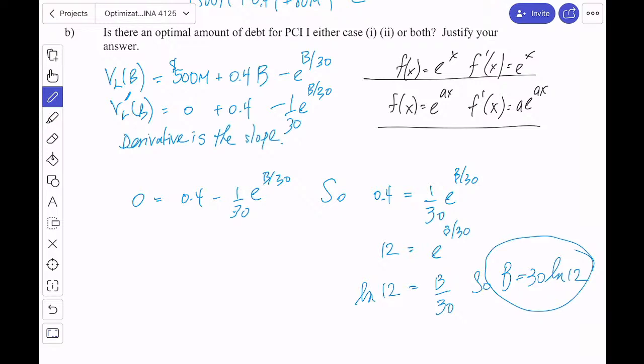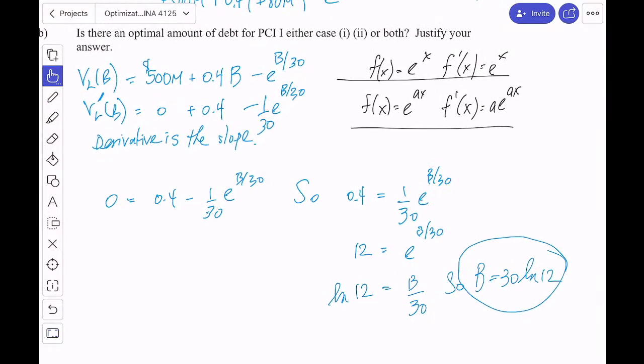So 12 ln times 30 is 74 billion, $547,199.49 to be precise.